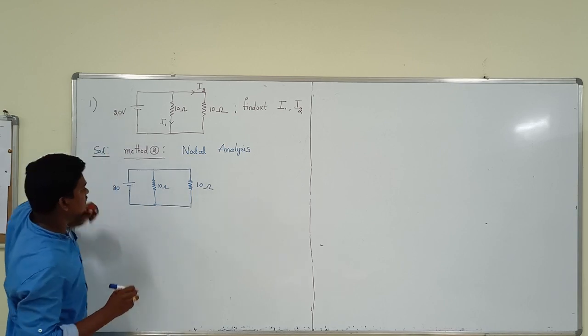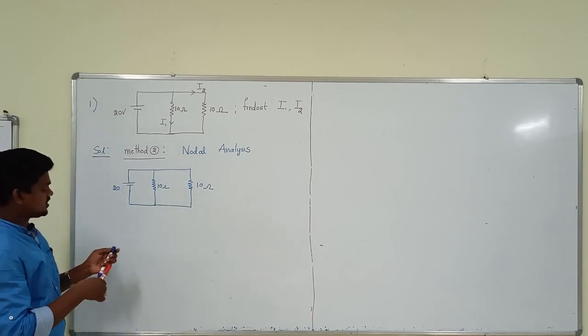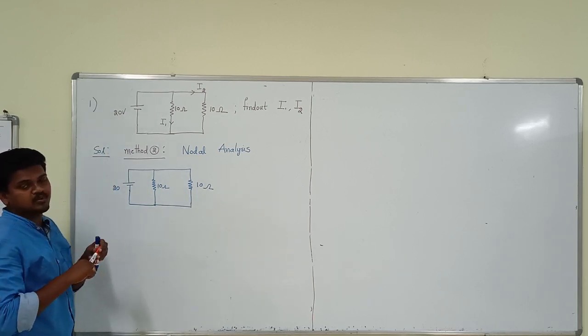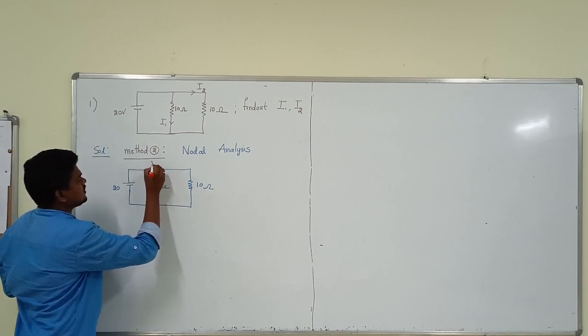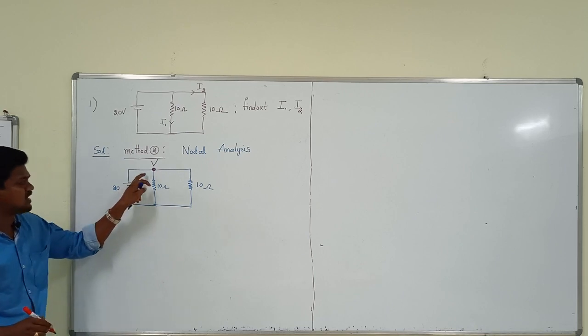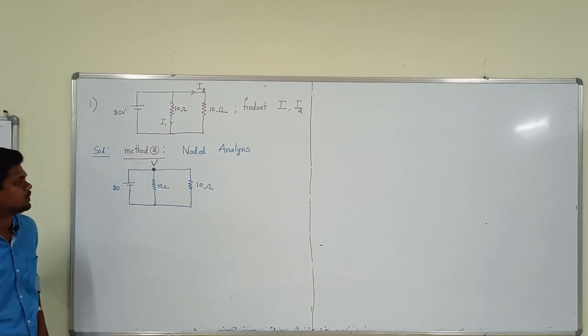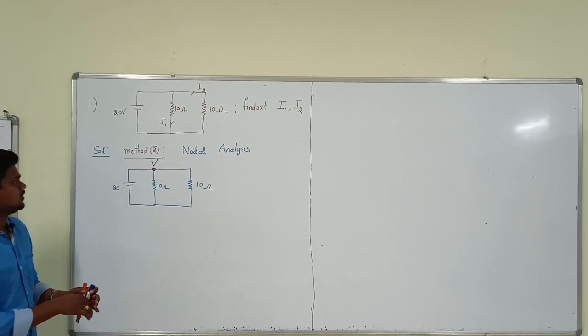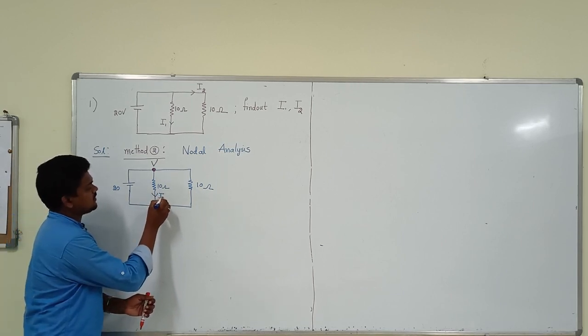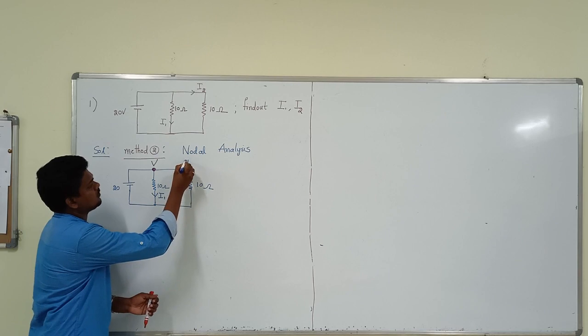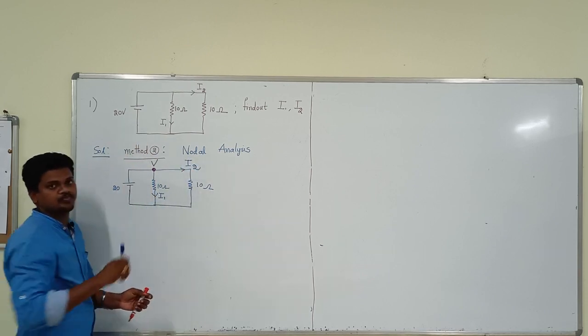In order to apply the nodal analysis, first you have to observe how many nodes are available. We have only one node. Just keep it, assume the node voltage is V. But our requirement is to find out the I1 value and the I2 value.